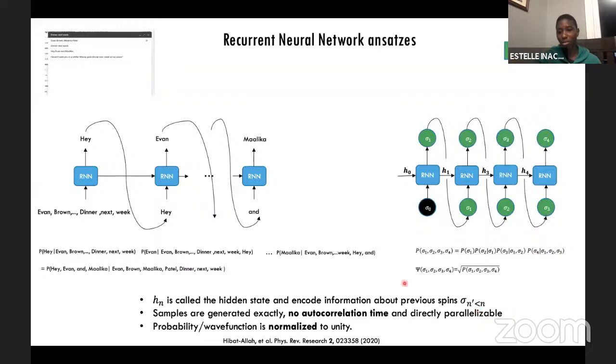And if you're interested in a wave function, we just take the square root of it. So this is how we can use these powerful neural networks that are used in natural language to encode the state of a quantum system. The H here is called the hidden state. It encodes information about the previous spins. I'll give more detail a little bit later.